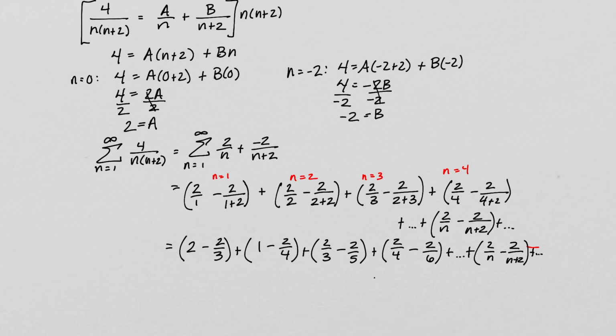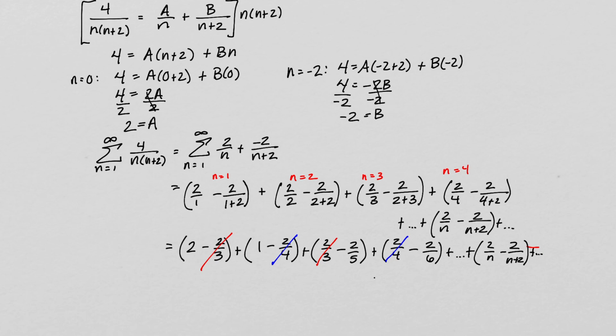In a telescoping series, stuff is going to cancel out. So if you look, the negative 2/3 cancels out the 2/3, 2 things forward. The 1 isn't ever going to get canceled out, but the negative 2/4 cancels out the first term 2 forward.